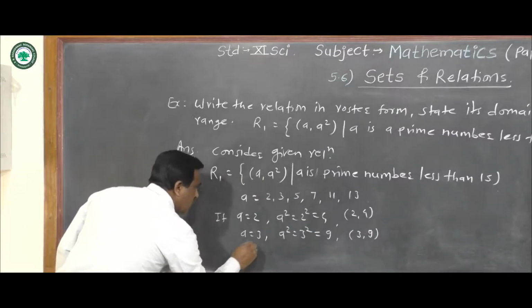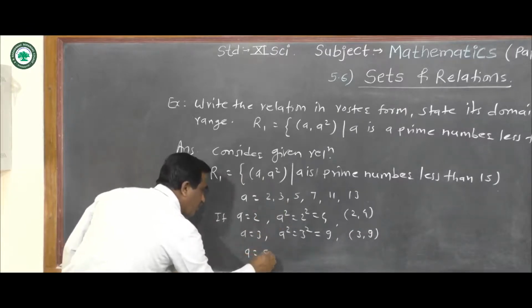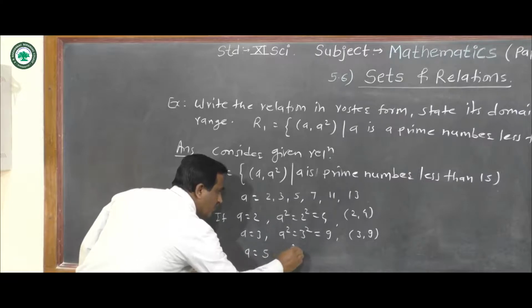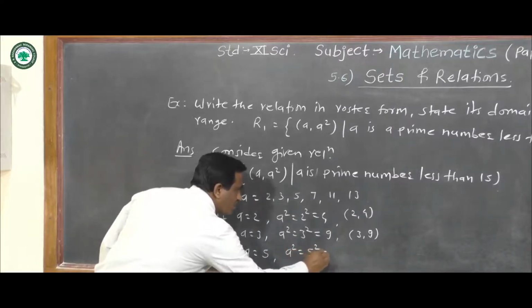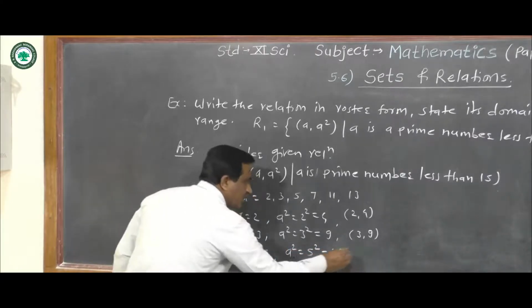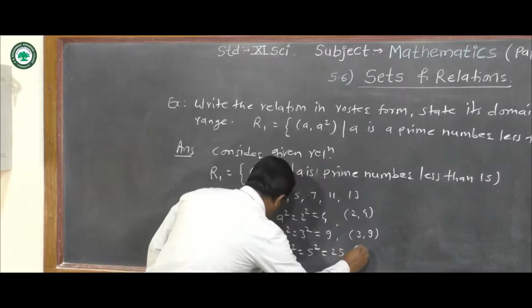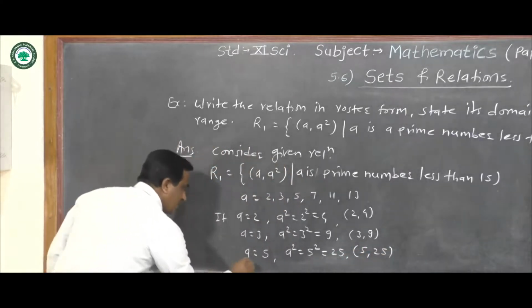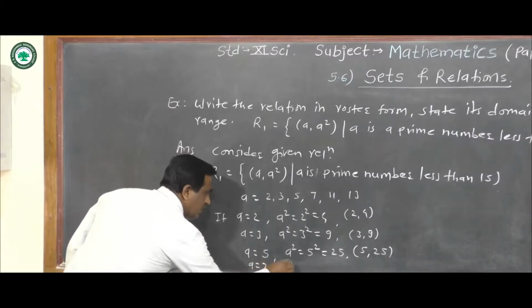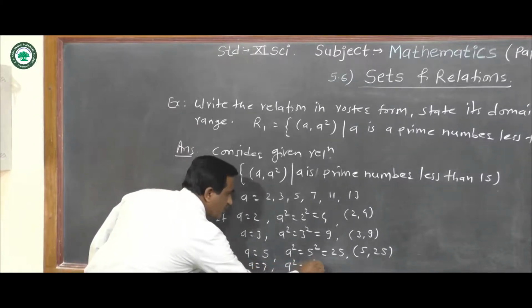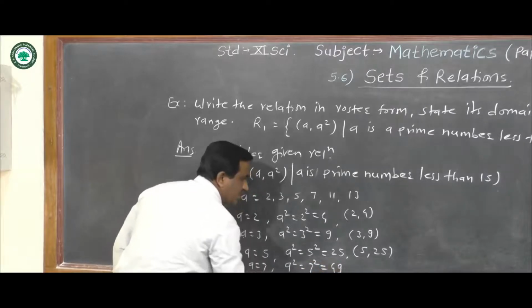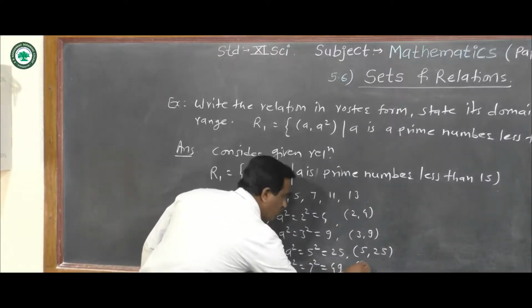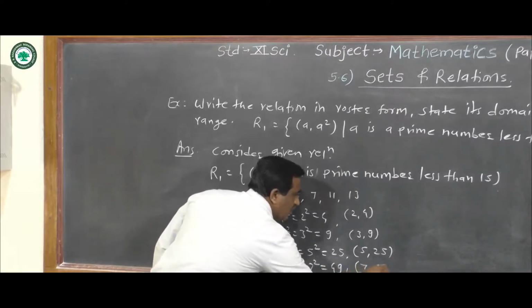Third value of A, 5: A square equal to 5 square equal to 25. Third ordered pair is 5, 25. Next prime number, A equal to 7, A square equal to 7 square is equal to 49. That is, we get the fourth ordered pair 7, 49.